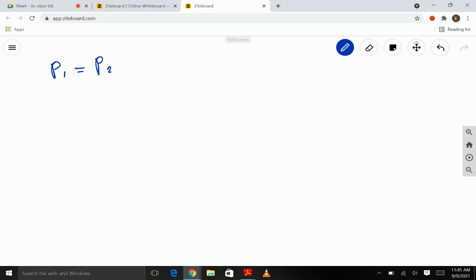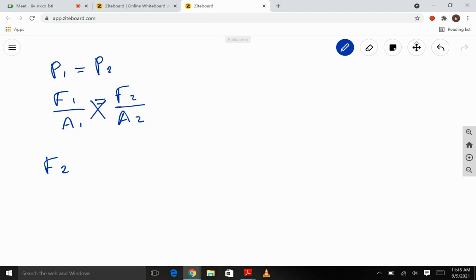So this is what that basically means. We know that pressure is equal to force over area. So this is going to be F1 over A1, and this is going to be F2 over A2. So when we talk about the ratio of F2 to F1, we are talking about cross multiplying, isn't it?